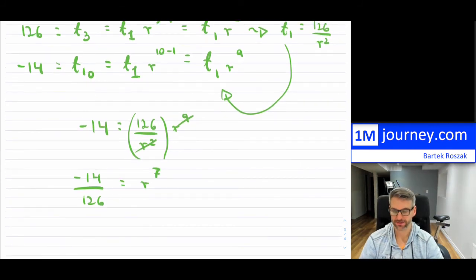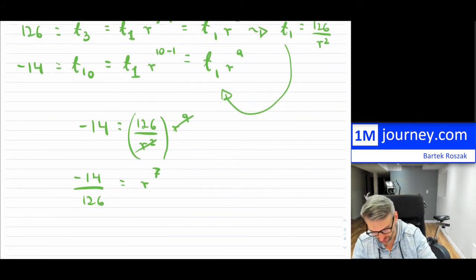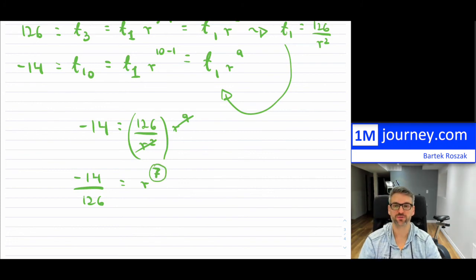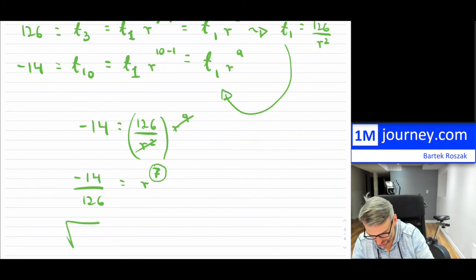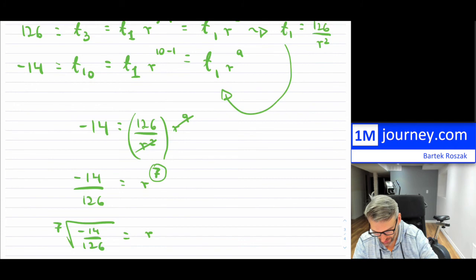Now we want to solve, so we take the 7th root. That's going to be the 7th root of negative 14 over 126. So that's R.